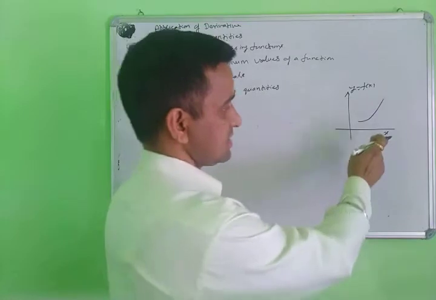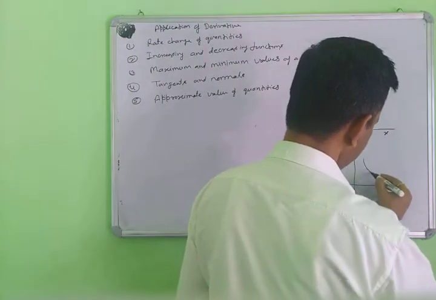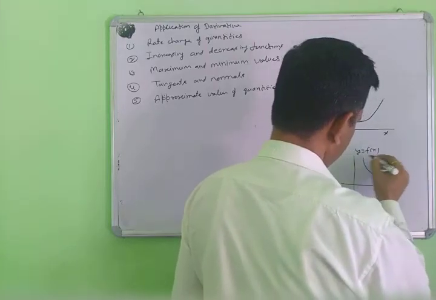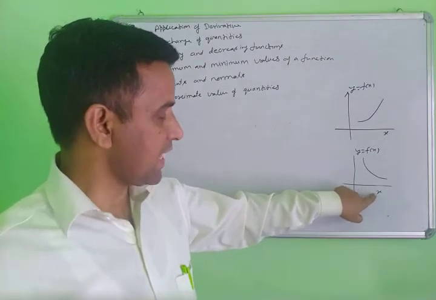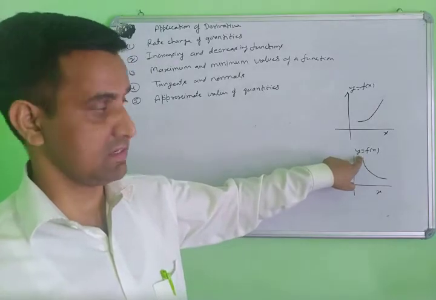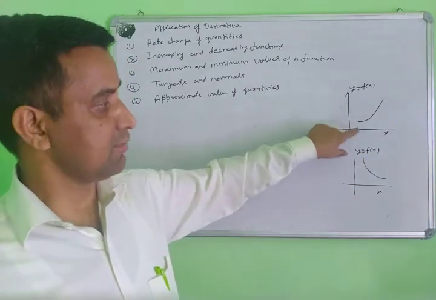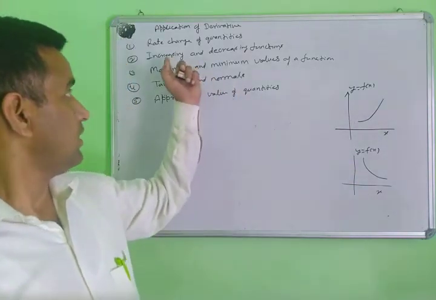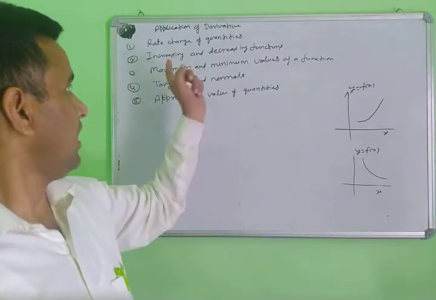A decreasing function means when x is increasing but y is decreasing. So this is called the decreasing function, and this is called the increasing function. Here both are increasing; here only x is increasing and y is decreasing. This function we will study in increasing and decreasing functions.